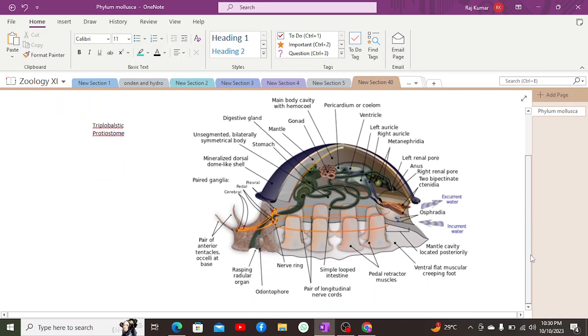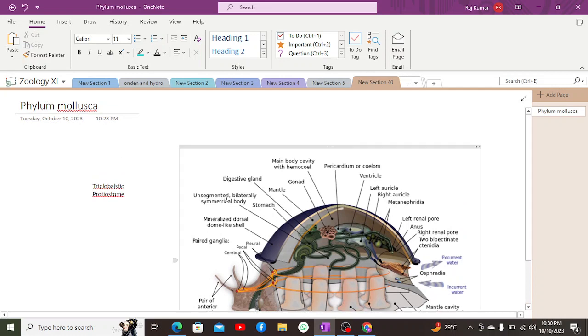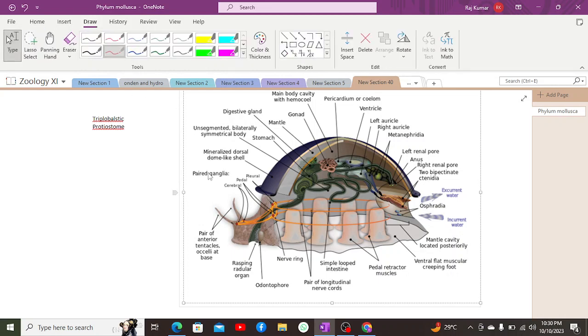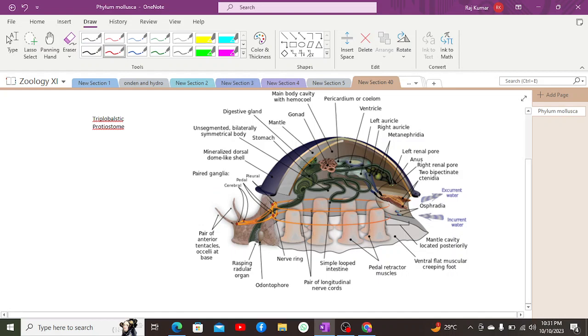When it comes to their body structure, their body is divided into three major parts, as you can see in the diagram. The first part is the head. Over the head there are several tentacles attached on the anterior side, and the head also has the mouth.